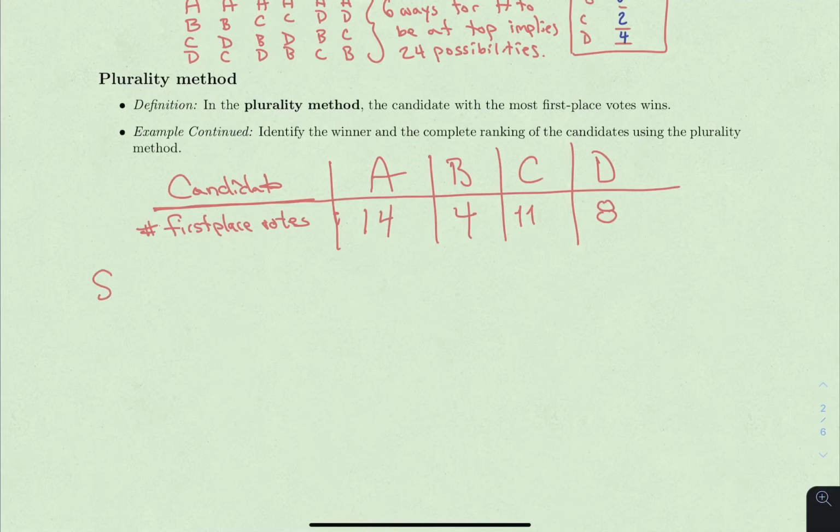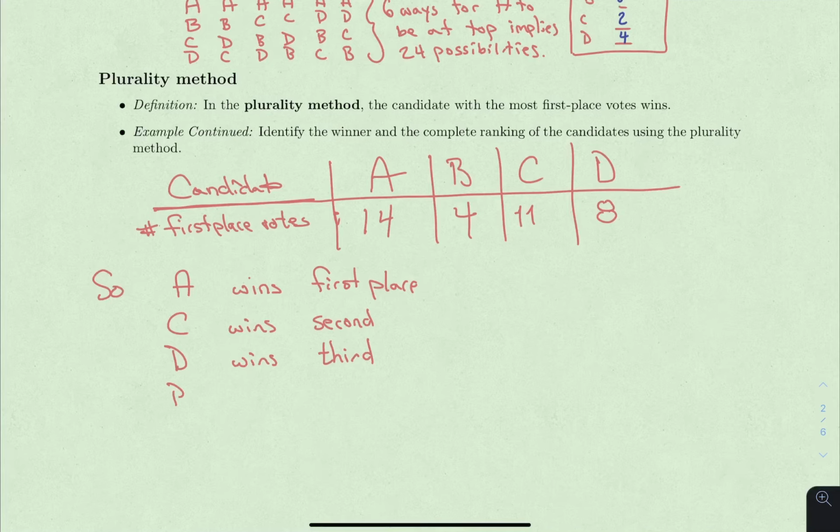So, A wins first place. C wins second. D wins third.